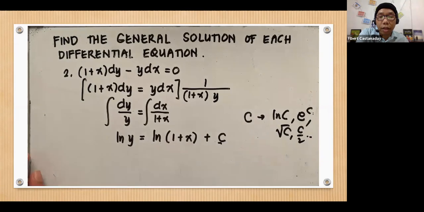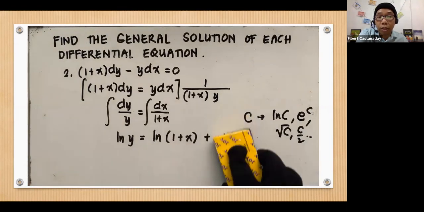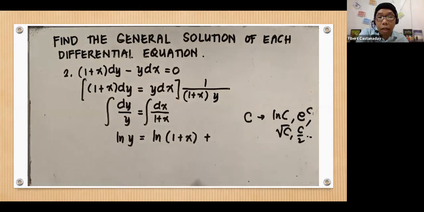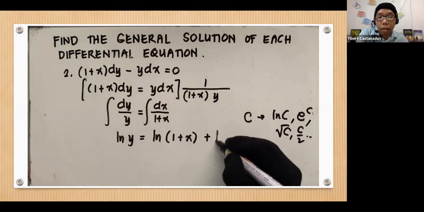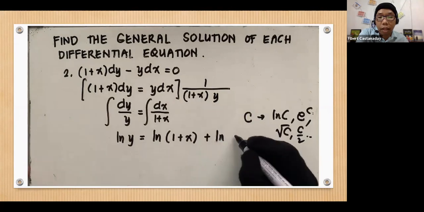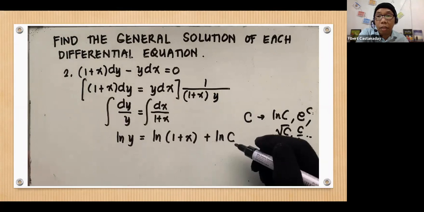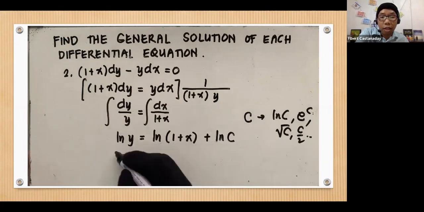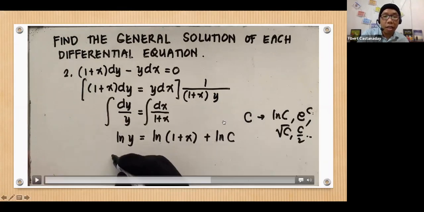So instead of writing c, I'll put plus ln of c. Why put ln of c? With the properties of logarithmic functions, you can make this into a product form. The argument here, 1 plus x, can be combined into one term only.